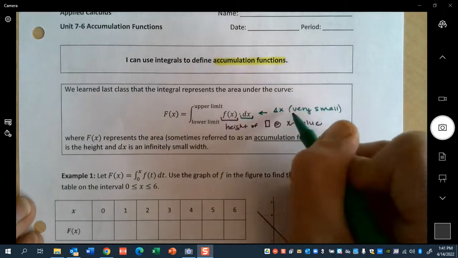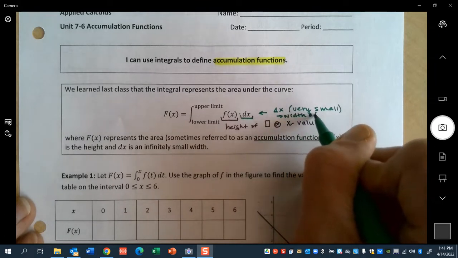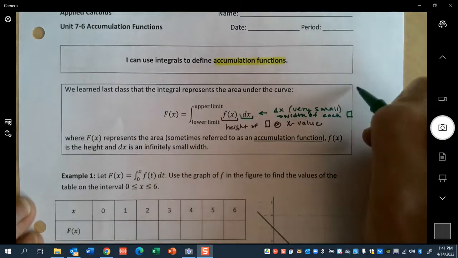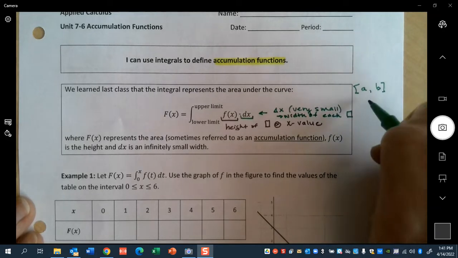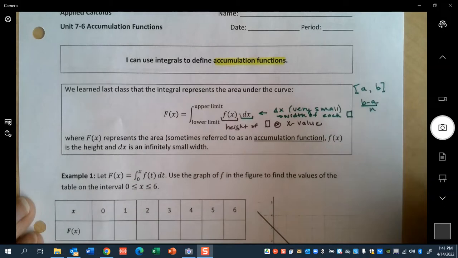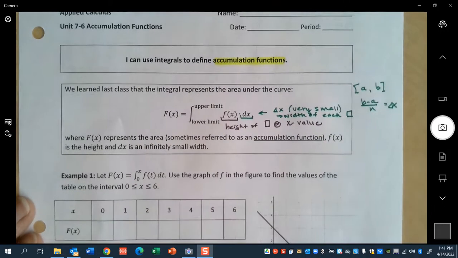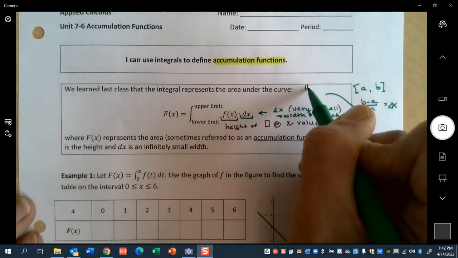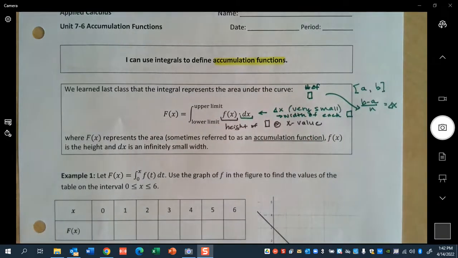And that's also the width of each rectangle. And remember, if I have an interval from a to b, including a and b, I found that by b minus a over n, which is the number of rectangles that I'm drawing to calculate the area. And this n represents our number of rectangles that I was drawing.